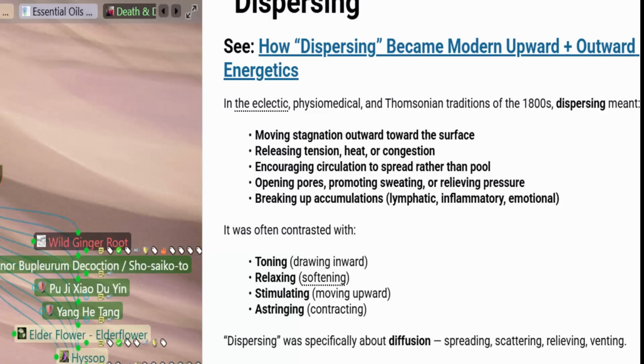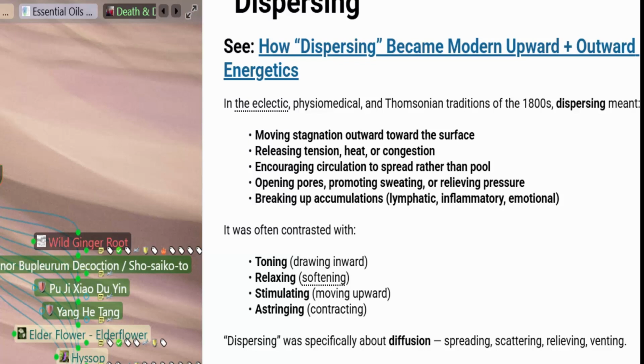When they used the word dispersing, they meant that an herb could move stagnation outward toward the surface. It meant that the herb could release tension, heat, or congestion.